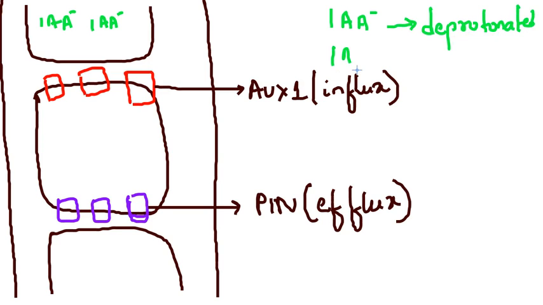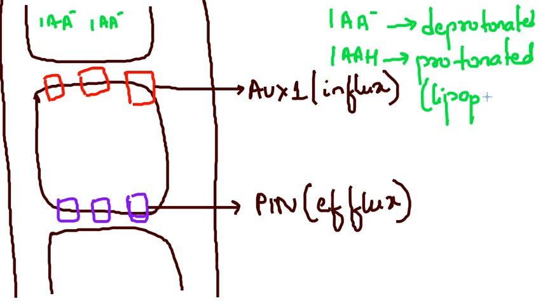And IAAH is the protonated form. The protonated form is the lipophilic molecule. Lipophilic means they can pass the membrane on their own without the requirement of any transporter and without the requirement of any energy. So the protonated form is the lipophilic form.